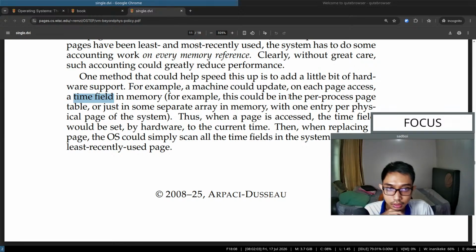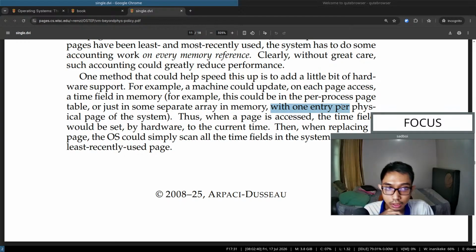I assume from this explanation, in the per process page table, we can add the time field in the page table entry or in a spared array in memory. Is this array per process though? Or maybe shared? I'm not sure.